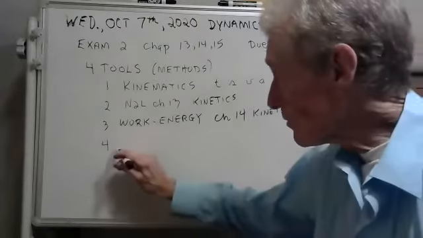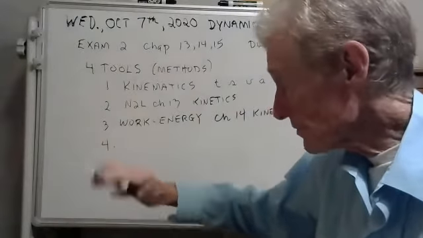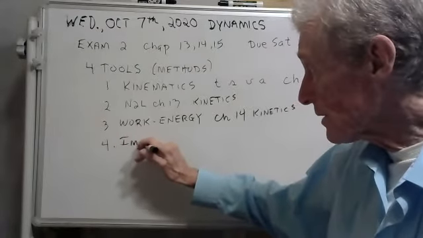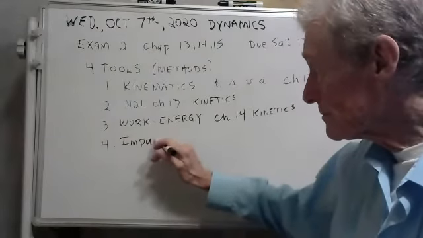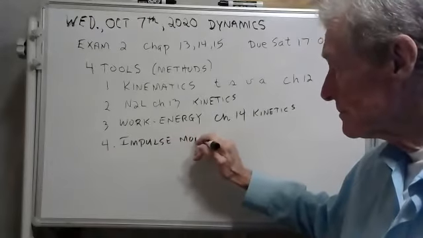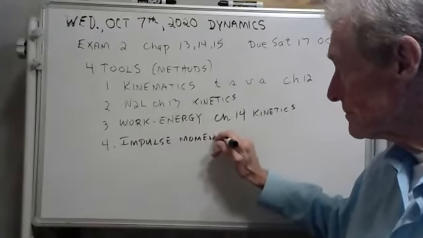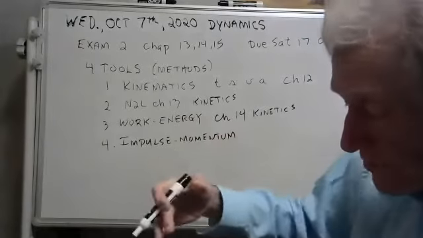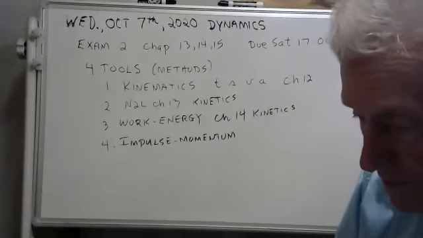And then chapter 15, which is method 4, is called impulse momentum. We'll talk about that here today. It's another method, another way of solving problems.